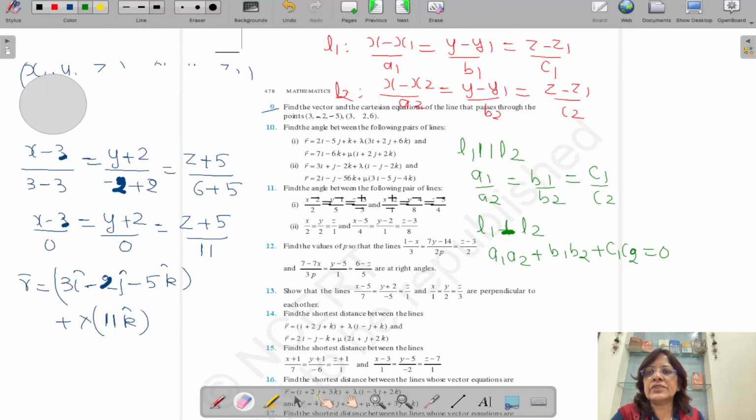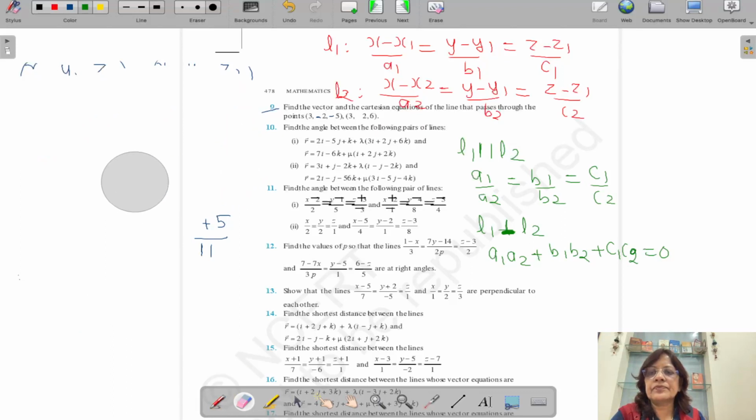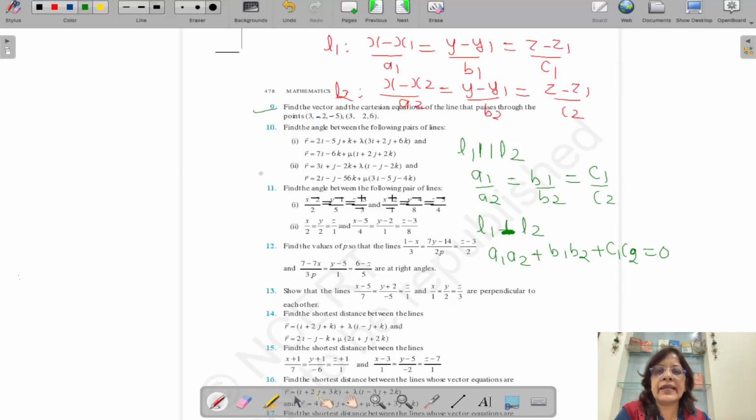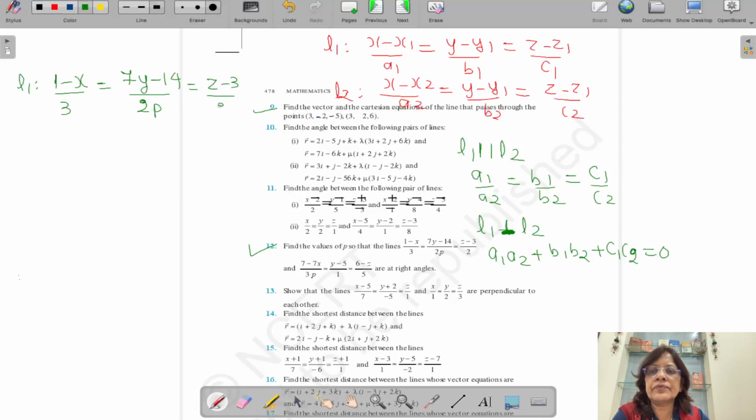Now let us see the questions on this. Right, now I'll take up this one, we have done 9. We have this question. Find the value of p so that the lines, the first line given here is 1 minus x upon 3 is equal to 7y minus 14 upon 2p is equal to z minus 3 upon 2.